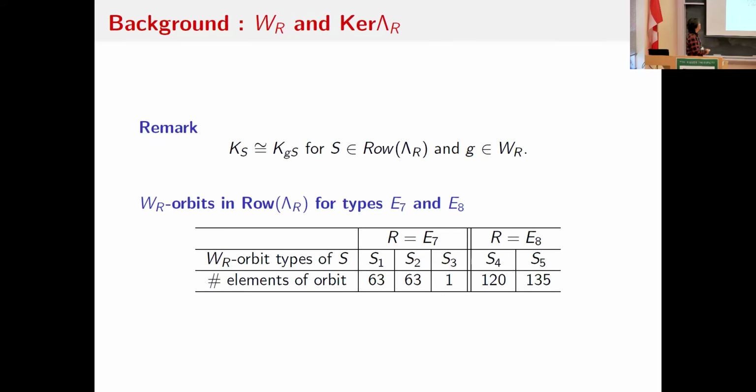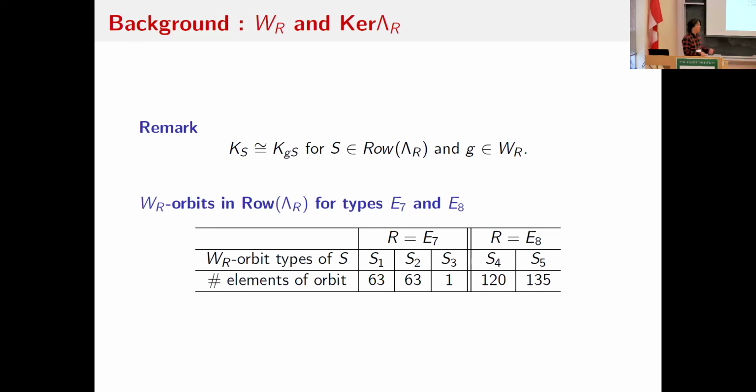Remark that the Weyl group action on the row space of lambda is free and faithful. The subcomplex K_S is isomorphic to K_{gS} for any S in the row space of lambda and g in the Weyl group.